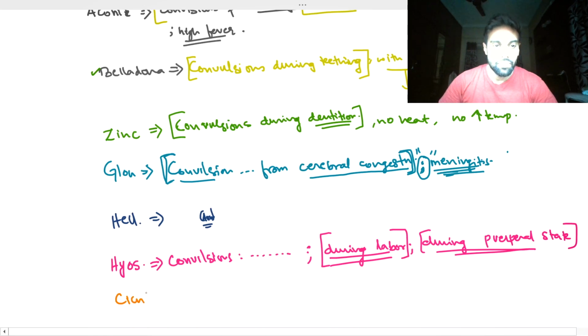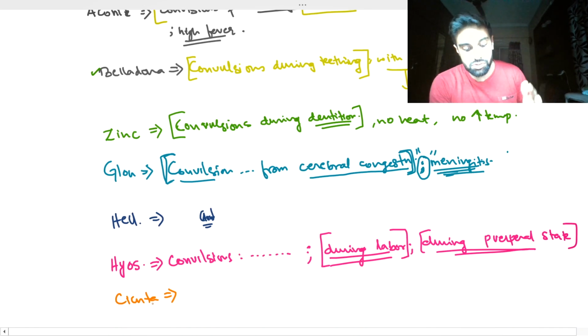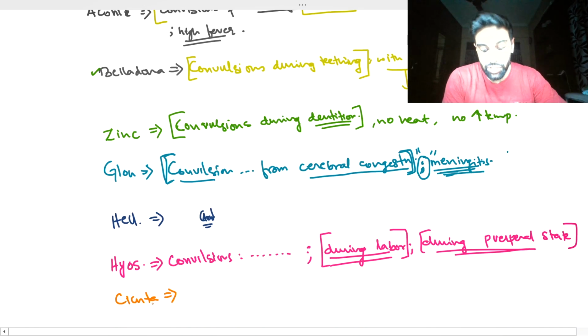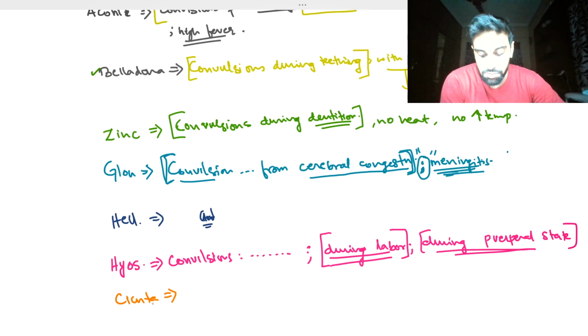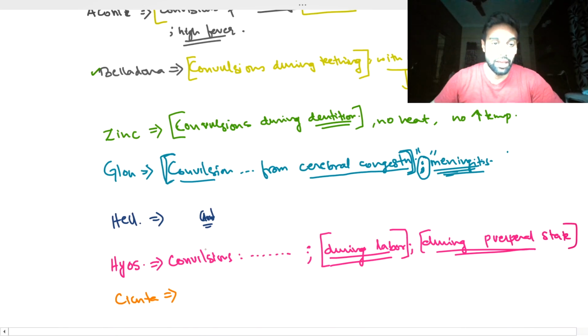In cicuta, there are many symptoms of convulsions. Convulsions violent with frightful distortions of limbs and whole body, with loss of consciousness or of opisthotonus, renewed from slightest touch, noise or jar. Puerperal convulsions. Okay, this keyword is very important.